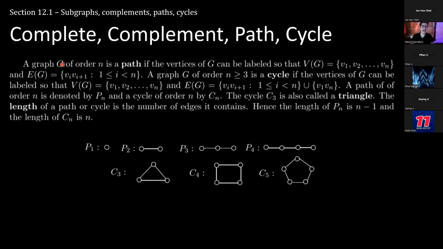So a graph of order n is a path if the vertices of G can be labeled so that the vertex set is labeled in this manner and the edge set is labeled in this manner.